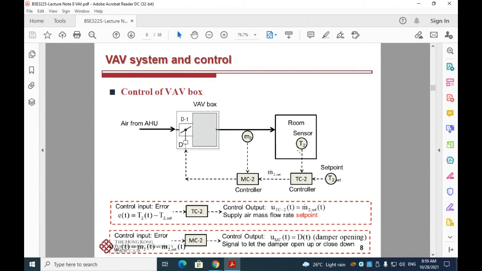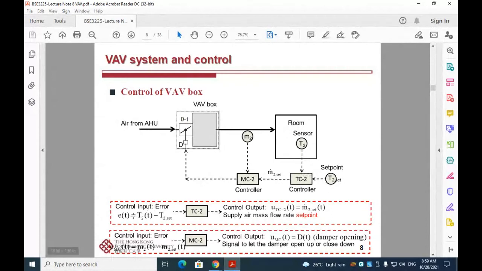We have a control input here, which is the sensed room temperature, and we compare that to the set point room temperature. For example, if our set point room temperature is 24 degrees, and we found that the actual room temperature is 26 degrees, then this controller here will capture the signal.